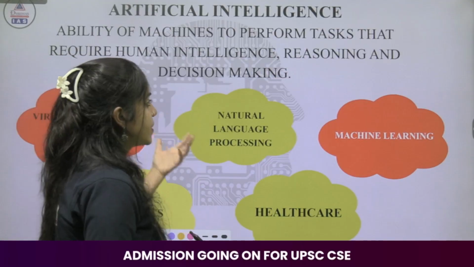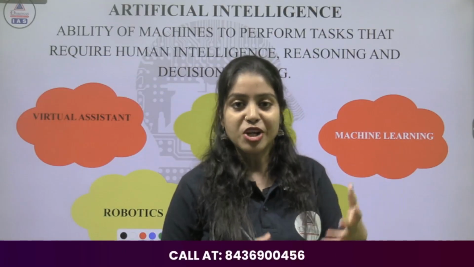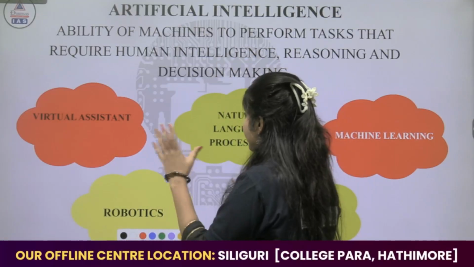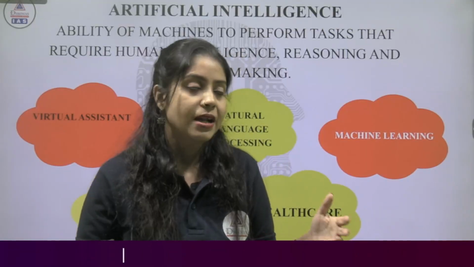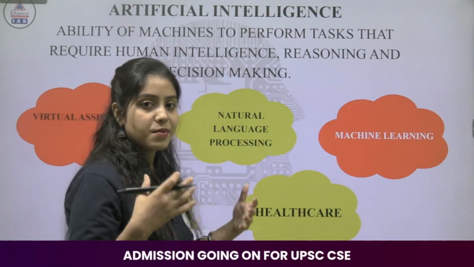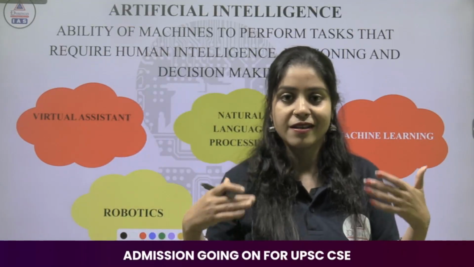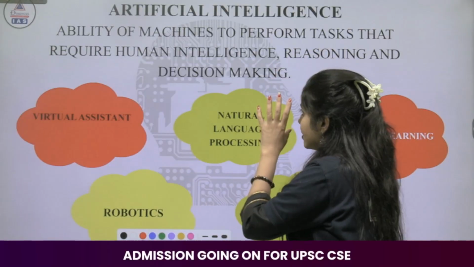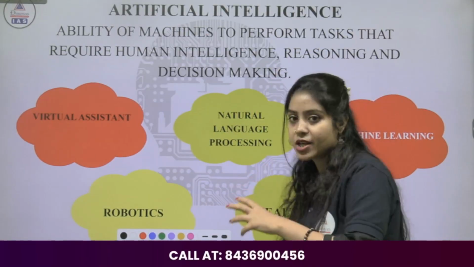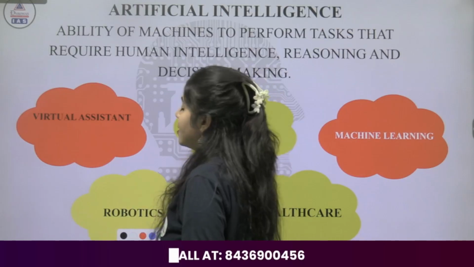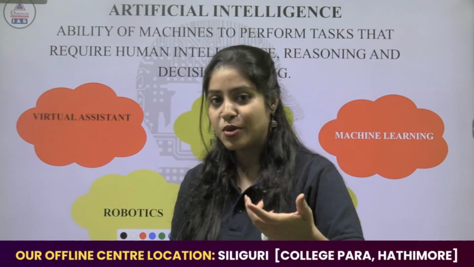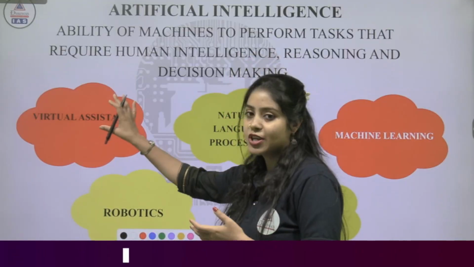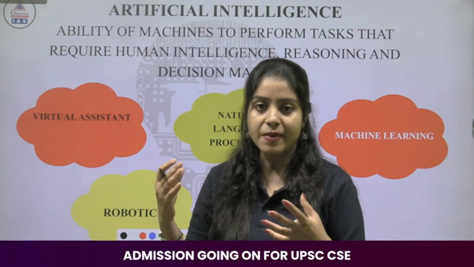See, this is a machine that mimics humans: artificial intelligence. This artificial intelligence we can use in huge segments, and it is evolving day by day. The applications include virtual assistants, like Alexa. Do you know Alexa? So you already know about Alexa, no? Those are virtual assistants made by AI.